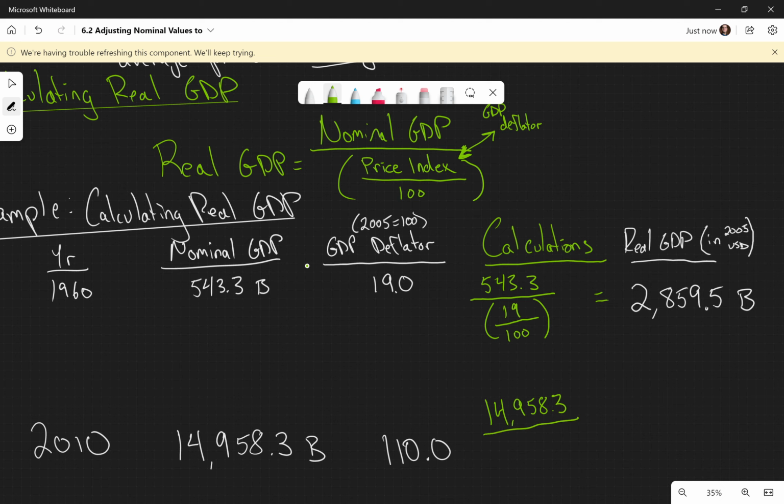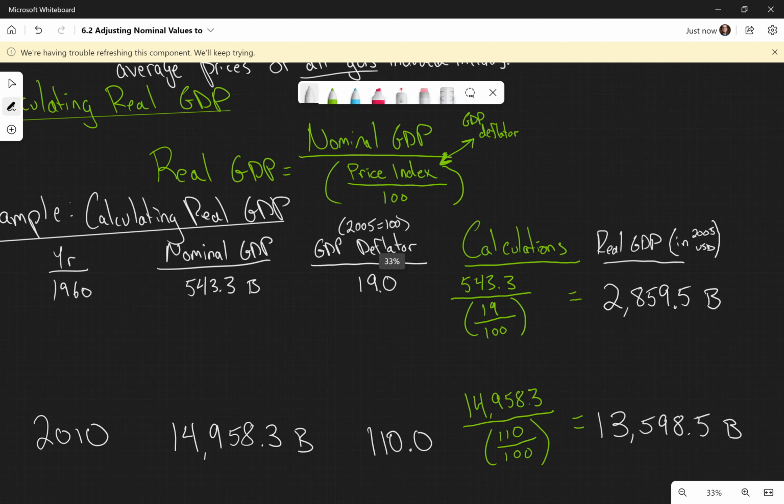We're going to divide it by whatever that GDP deflator is, whatever that price index is, divided by 100. And this is going to give me 13,598.5 billion, or 13.6 if we're rounding, trillion dollars.